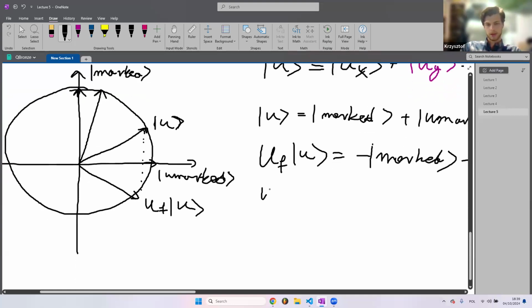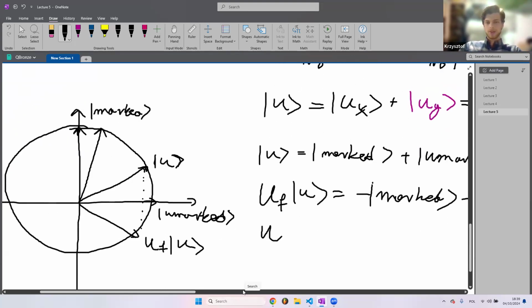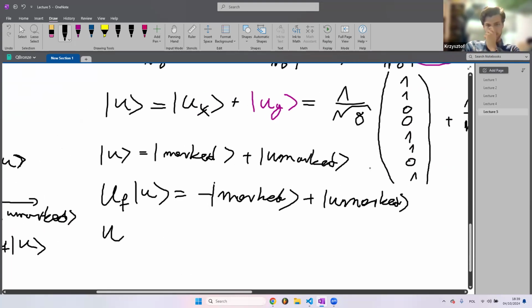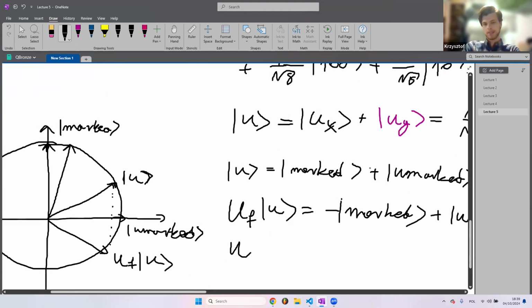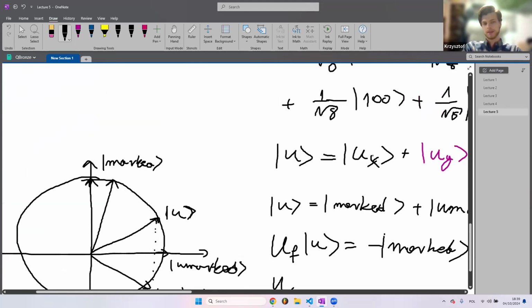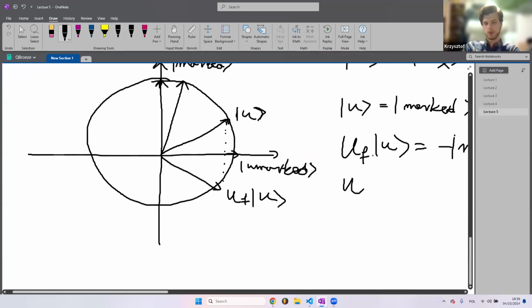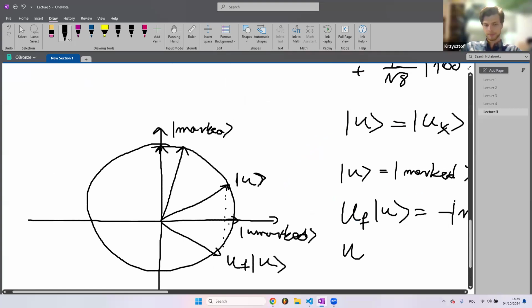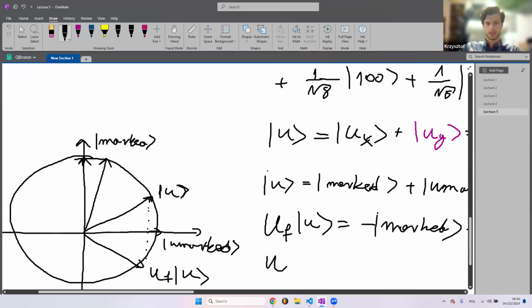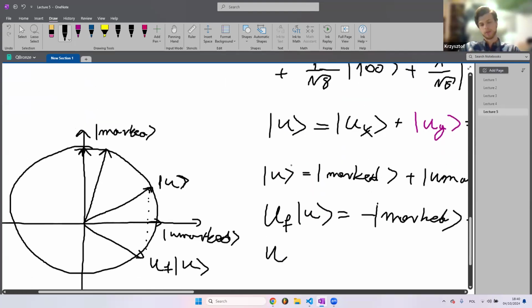So let's call this inversion about the mean. It's hard to define a mean in the case of this quantum superposition, but this game with the inversion about the mean is analogous to flipping our state UF about this U vector, which is our quantum state, our quantum superposition.